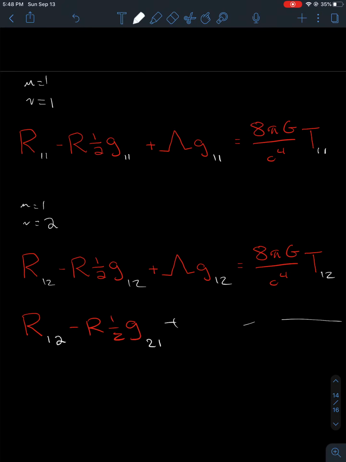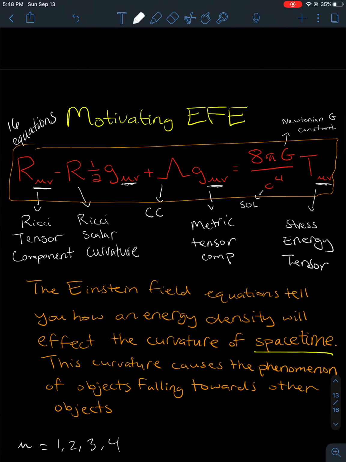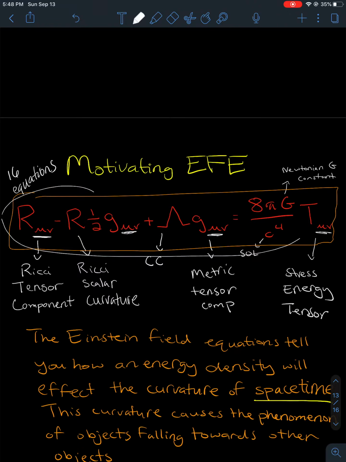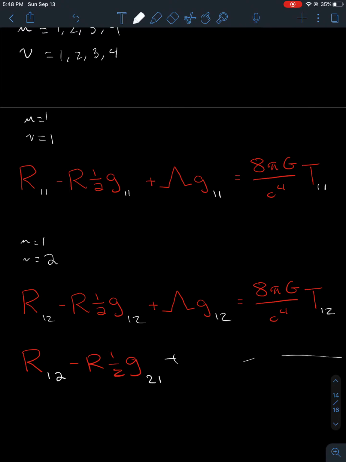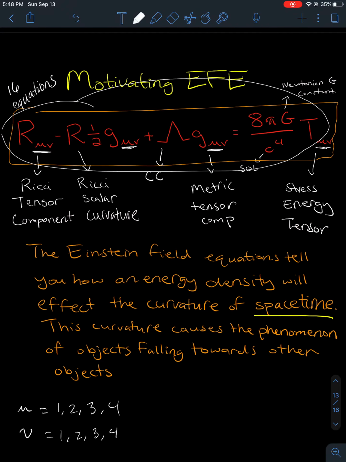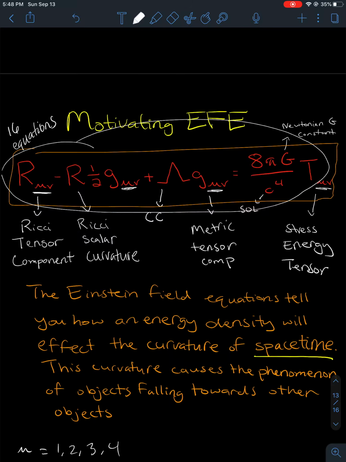So we can write out these equations as 16 separate equations where there is a different value for mu and nu, and mu and nu both go to number 4. And so this is really kind of a summation. The name for this summation is the Einstein summation convention. And we're going to learn about that more in the future.